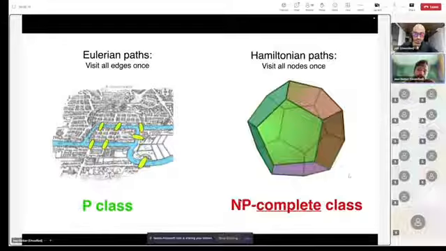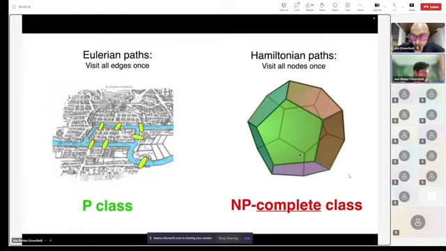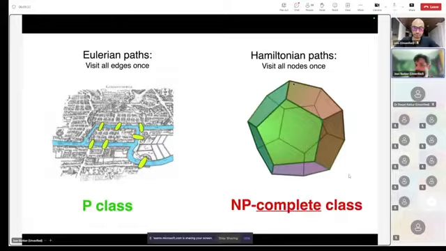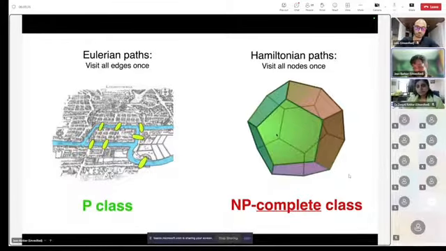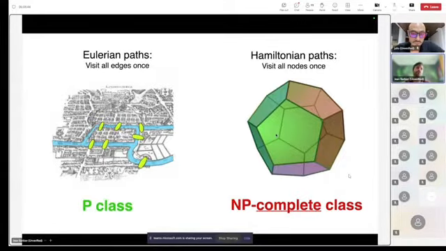Not all hard problems are complete, but this Hamiltonian path problem is complete in the sense that you can prove, using what we call reduction techniques, a whole field in theoretical computer science, that if you can give me an efficient algorithm to solve this problem, which we don't know, then with the same algorithm you could solve a very, very large class of other hard problems. So somehow they are all connected. They're just variations of a kind of big problem which encompasses them all.